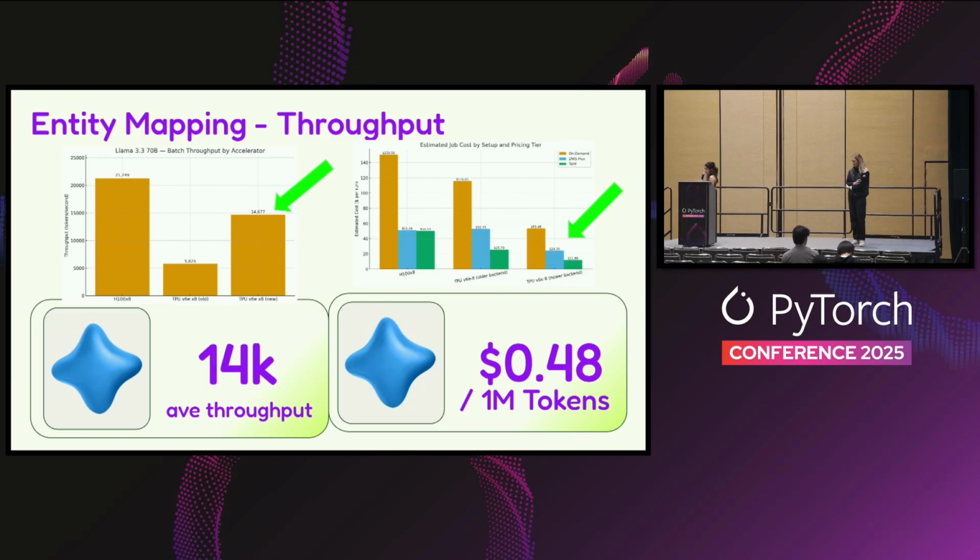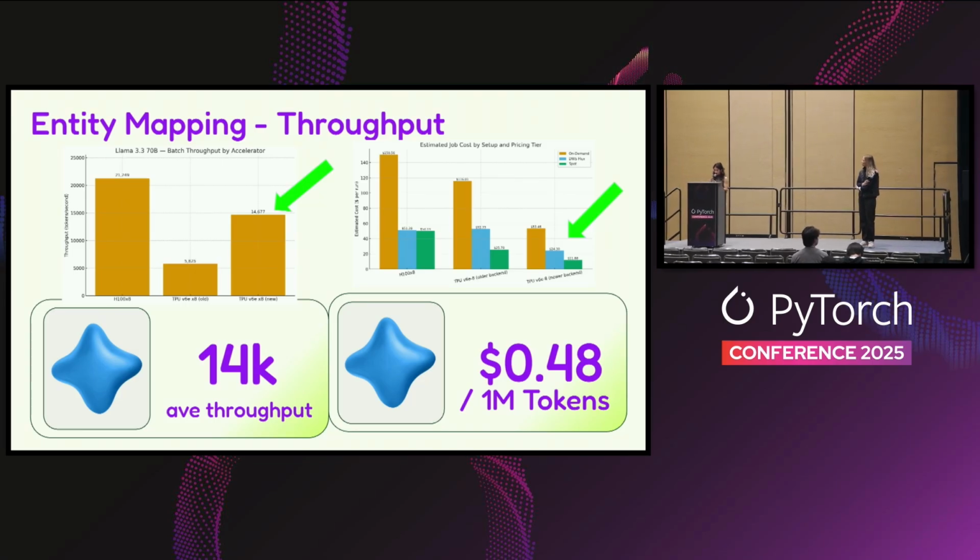So H100s have a higher HBM bandwidth capacity when compared to Trillium, and that's what yields the difference in performance between the two. Even though H100s win on raw speed and raw throughput, Trillium actually wins on overall cost performance. So we calculated Trillium to yield around 48 cents per million tokens.